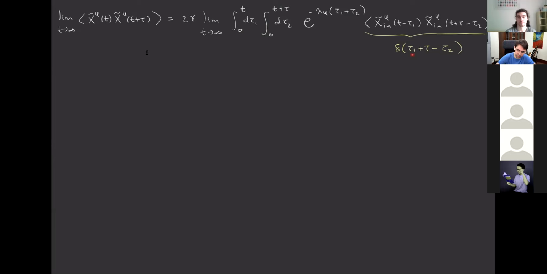for which values there is overlap between the tau2 and tau1 plus tau, okay? So in particular, let me just show you very quickly that what happens is the following. So imagine that tau is larger than 0, because it's different for tau larger or smaller than 0. So if tau is larger than 0, then let me put it this way.